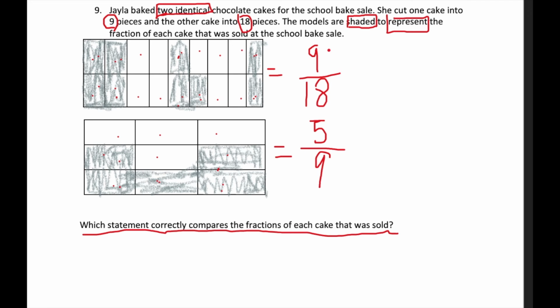And we're going to do this by seeing if they're greater than, less than, or equal to. So we have 9/18, and now we're going to put our 5 ninths and 9/18.